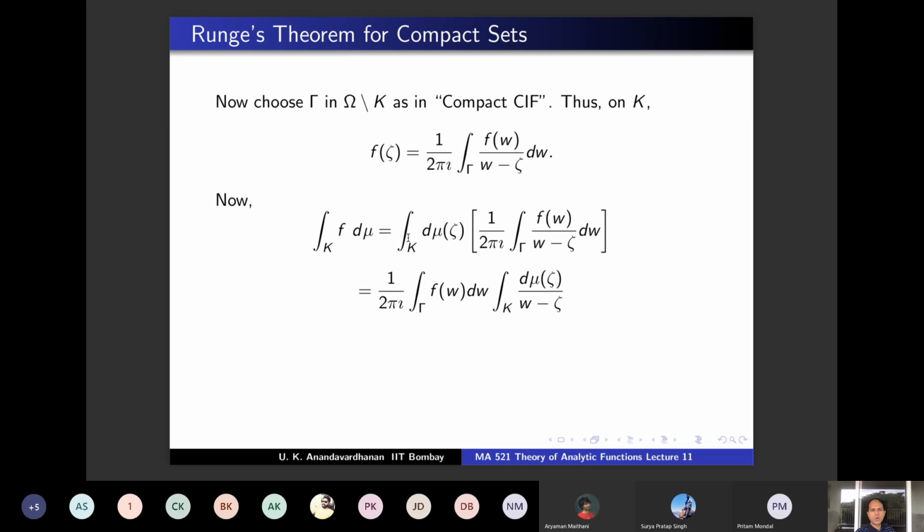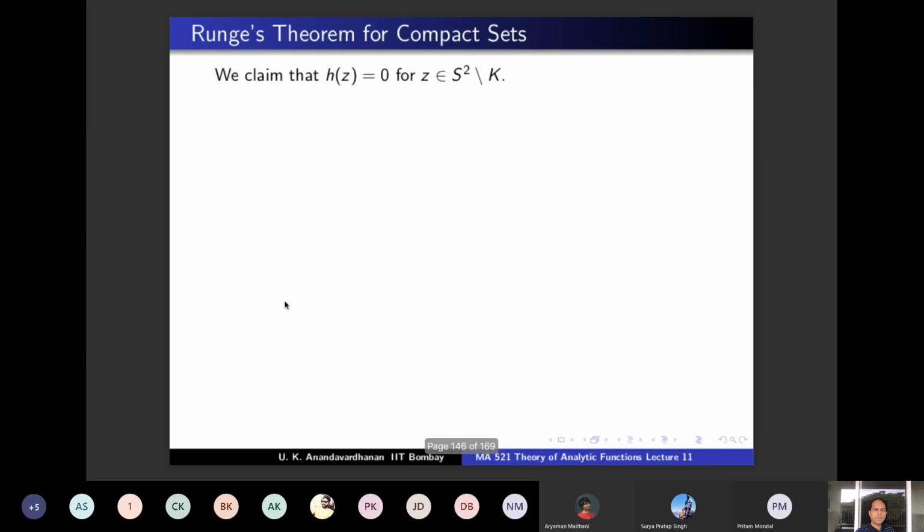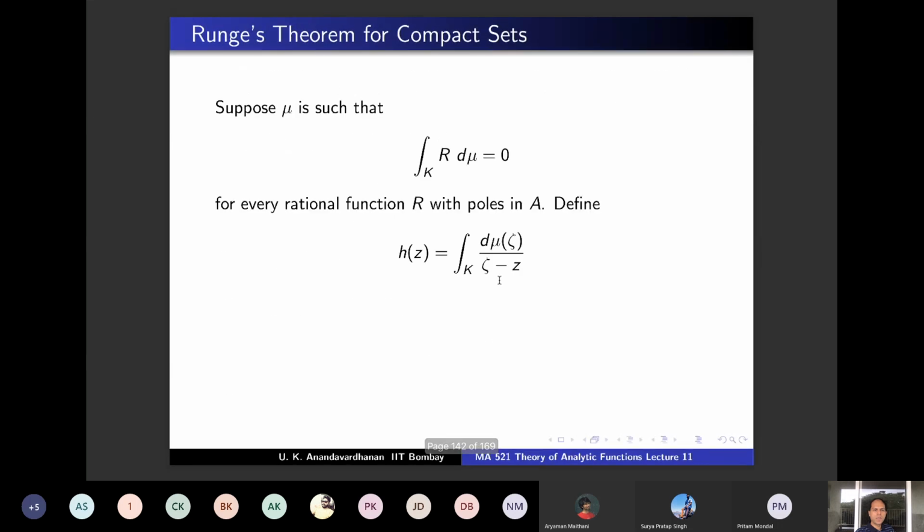What is remaining is integral over k d mu zeta by w minus zeta. You have just interchanged. But what is integral d mu zeta by w minus zeta? This is the function which we have called h(z). D mu by zeta minus z is h(z) on k.